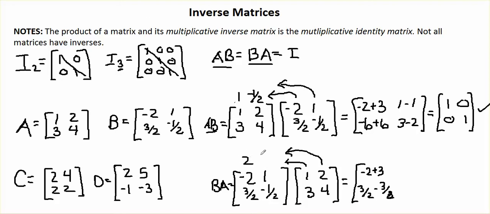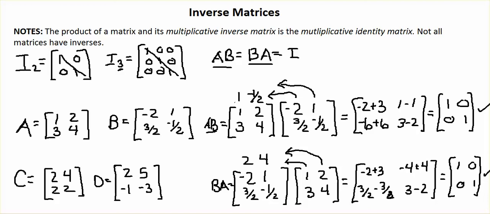We'll lay the 2 and the 4 on top. 2 times -2 is a -4. 4 times 1 is a +4. Then 2 times 3/2 is 6/2, which is a +3. 4 times -1/2 is -2. And when we simplify this matrix, we get 1, 0, 0, 1. There we go. They both equal the identity 2x2 matrix. Therefore, A and B are inverses.